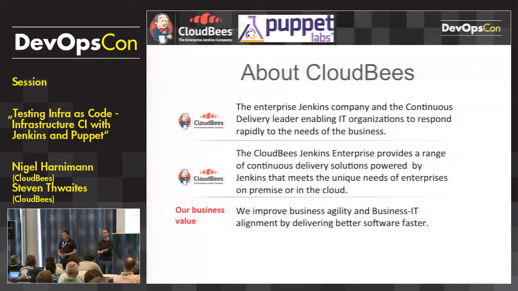So not only do we provide support for you as an enterprise support offering, but we also extend Jenkins with the CloudBees Jenkins Enterprise platform, which adds extra features. And our business value is to help businesses improve their agility. You hear this phrase, business IT alignment, because we want to help people develop software better and faster. And ultimately, that delivers the business benefit.